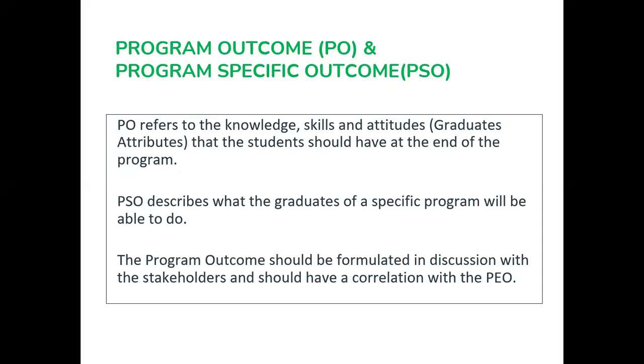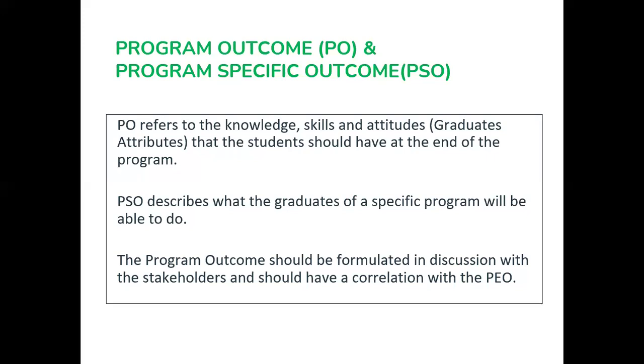There also you can have different policies, like POs for the PG program separately and POs for the UG program separately. That way you can design the POs. In a university, definitely you can take a policy like if it is for engineering, you can have a different PO.